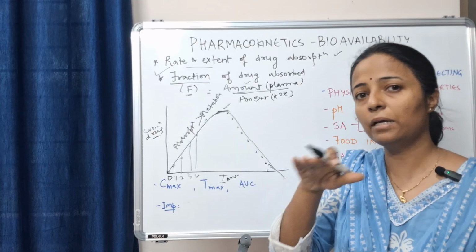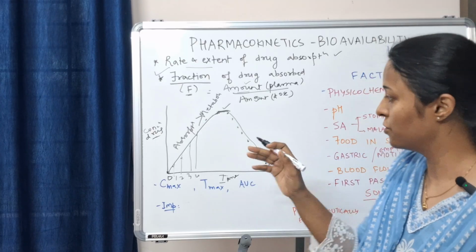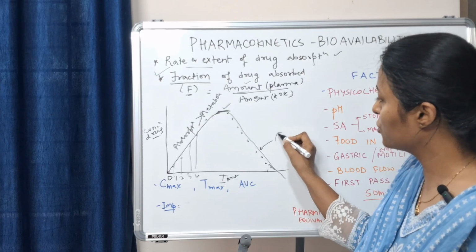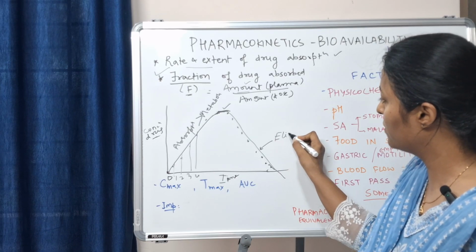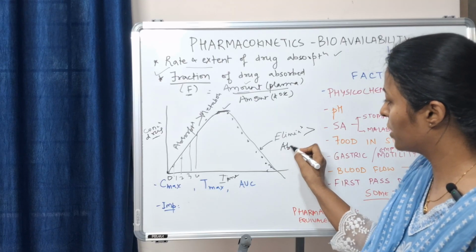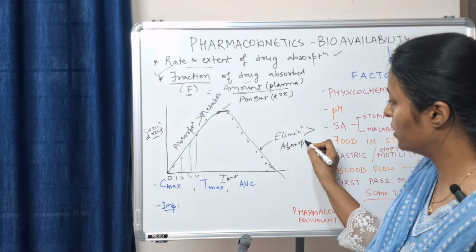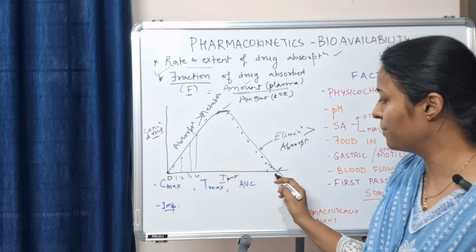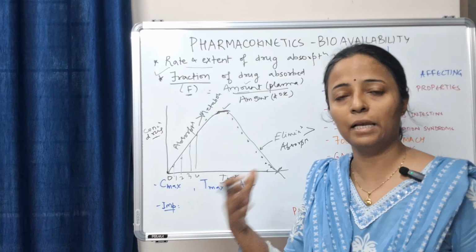So, we get a steady state concentration, and here the elimination of the drug is more than the rate of the absorption of the drug, right? So that is why we get a fall in concentration and ultimately this drug is eliminated from the body or metabolized, right?